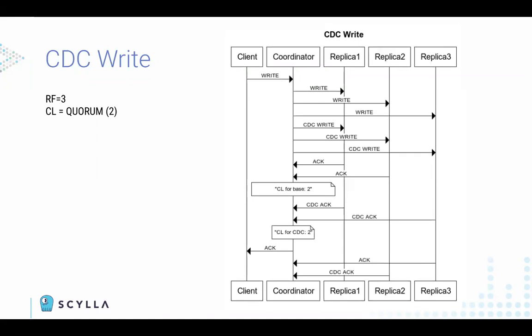So when the write arrives, the coordinator sends 3 writes to the base table and 3 writes to CDC replicas. Then it's going to wait for at least 2 acknowledgements from the base table and at least 2 acknowledgements from CDC. At that moment, it's going to acknowledge back to the client, and then some further acknowledgements may come, but they don't matter anymore.